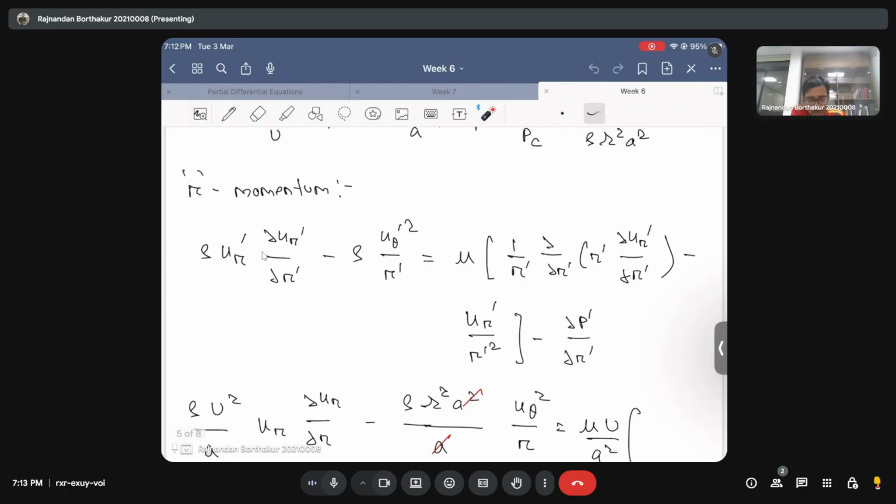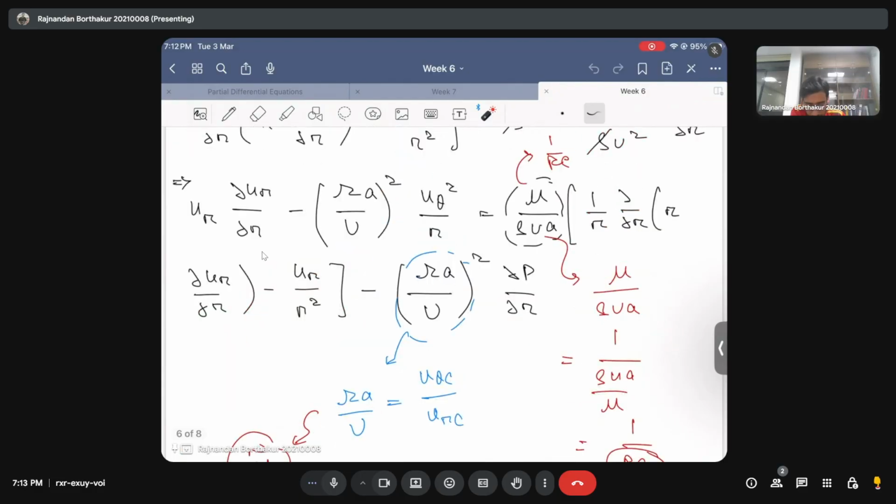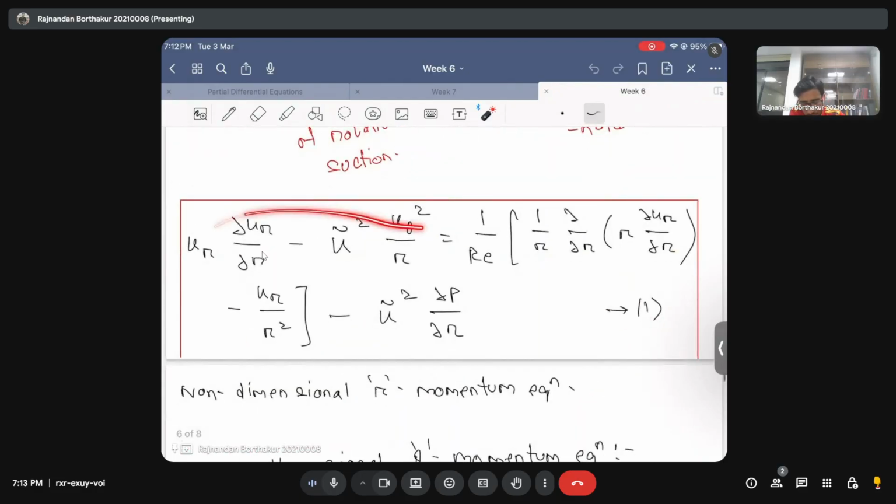We started off with the dimensional r momentum, and I used the characteristic scales that we had to derive the non-dimensional form of the r momentum, which looked something like this, where we had all the non-dimensional variables, and we had certain ratios.